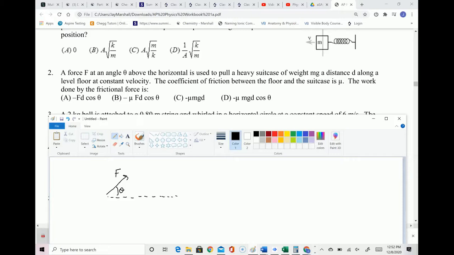And I want to know what the work done by the frictional force is. Now, one thought would be that since I'm pulling it at a constant velocity, the work that I'm doing in this direction is going to be the opposite of the frictional force. So I could say that the work done by friction is the opposite of the work done by the applied force.